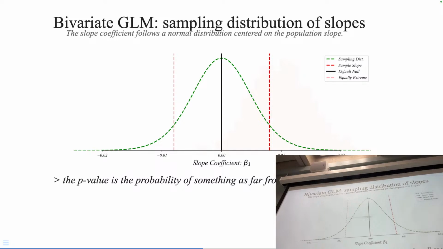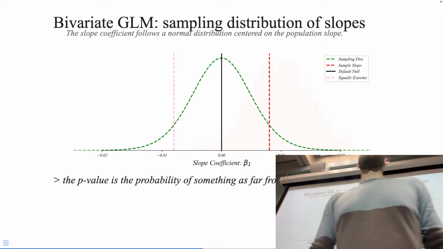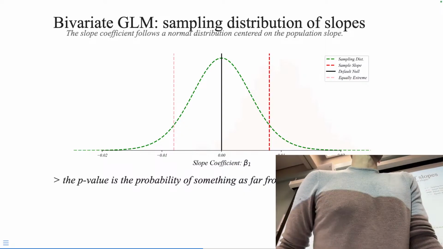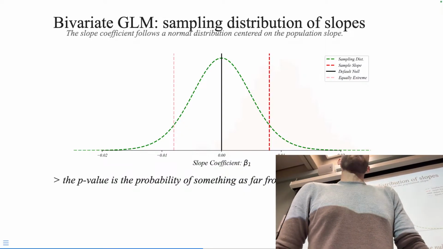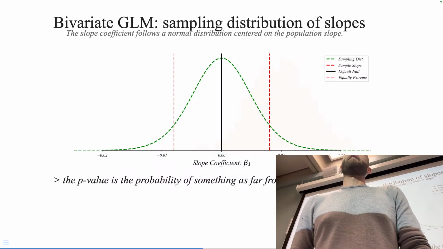We use the area in the tail above, in this case, but we also look at the area in the tail below, which allows us to make claims about extremeness in both directions. Like, what's the probability of seeing something as extreme as what we do if the null hypothesis is true? That rhymes. Didn't intend that.